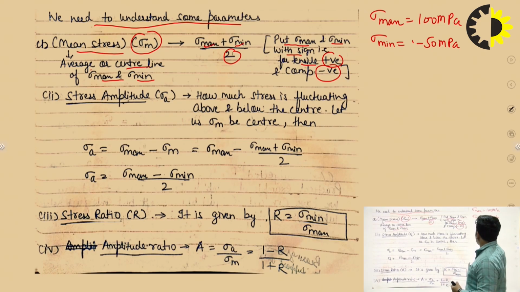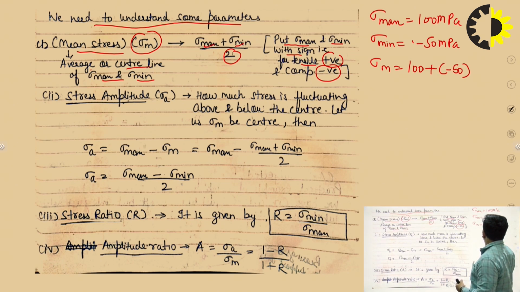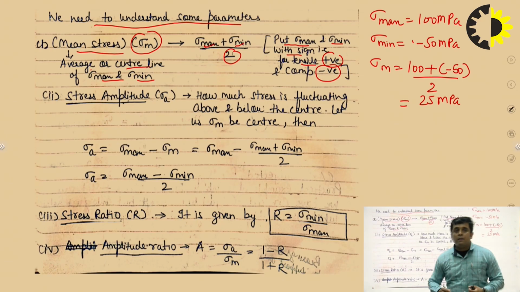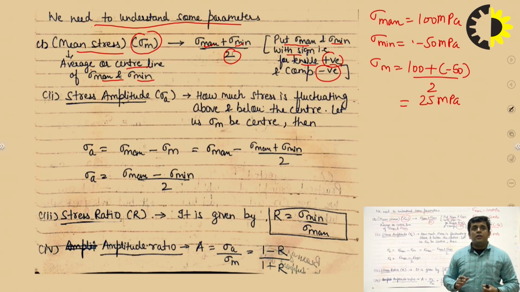Then the average, that is sigma mean, will be 100 plus, with sign, minus 50, divided by 2. The value will be 25 megapascal. So this is the mean stress, the average stress.